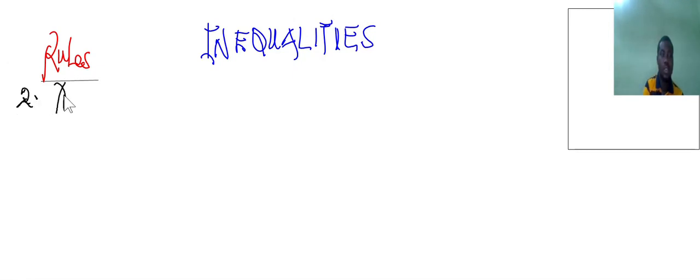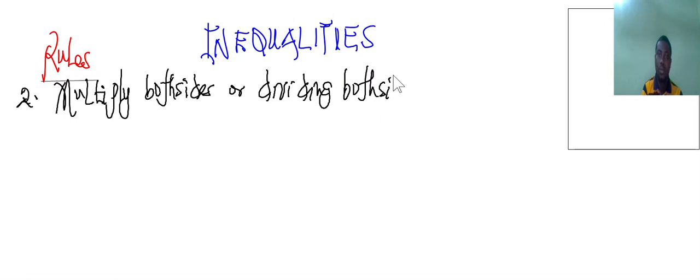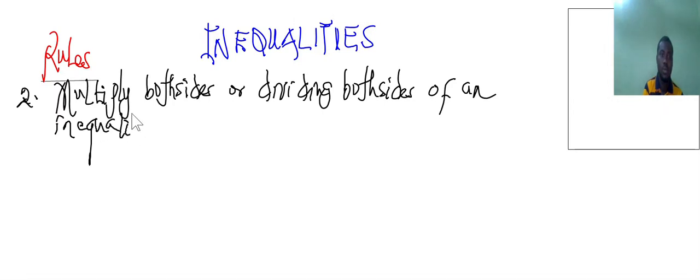Let's write it in words. Multiplying both sides or dividing both sides of an inequality by a negative changes the inequality sign.